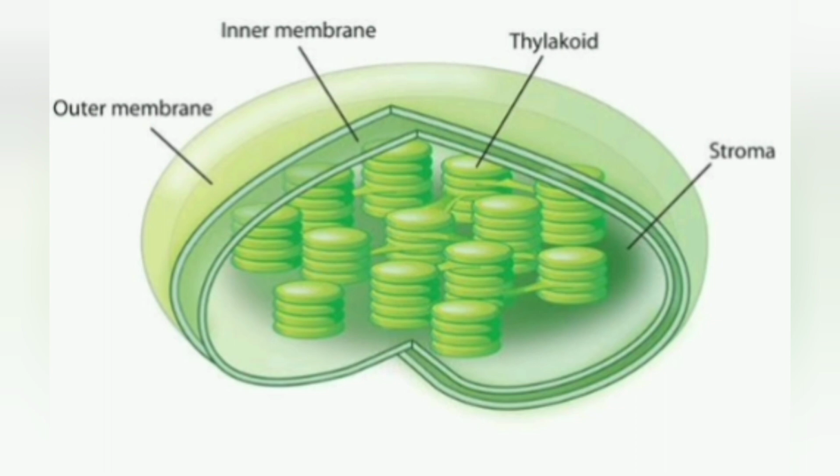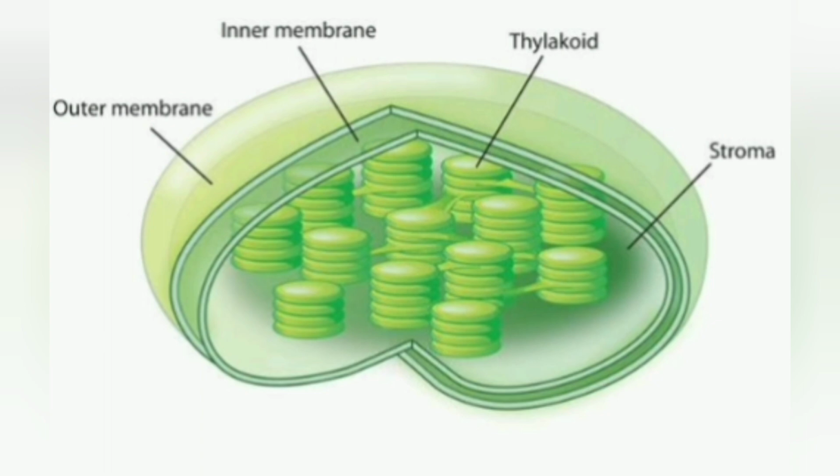Pigments are seen in grana. The important pigments present in grana are chlorophyll A, chlorophyll B, carotene and xanthophyll. All these pigments can absorb sunlight, but only chlorophyll A can participate directly in photosynthesis. The remaining pigments are called accessory pigments.